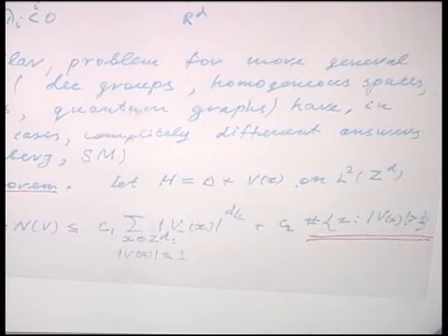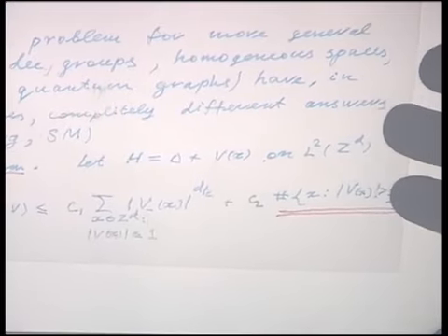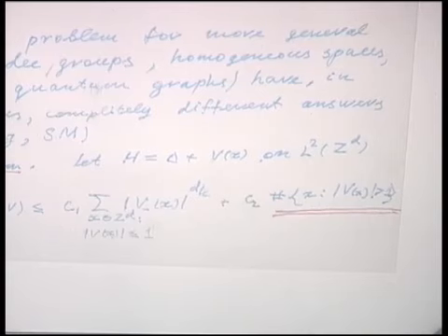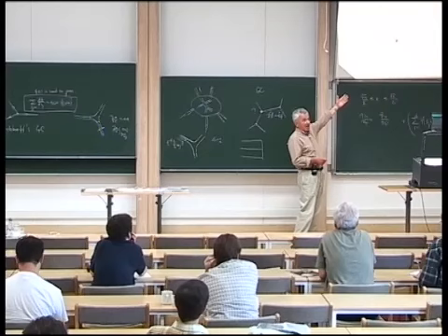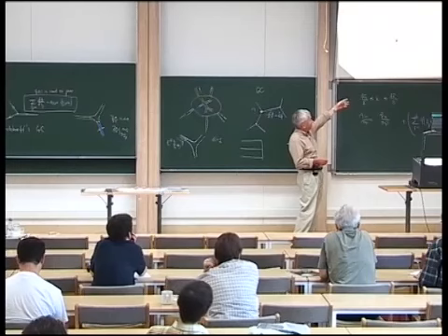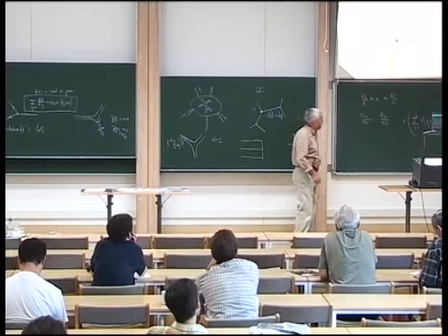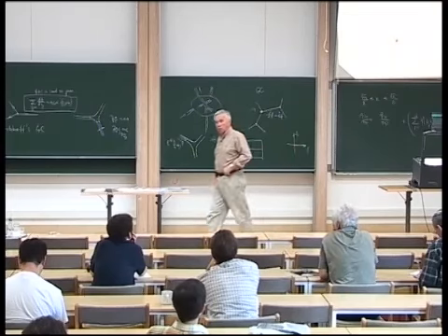For instance, the simplest theorem is the following. Assume that we consider the Schrödinger operator on the lattice, the classical Schrödinger operator on the lattice, and we have a potential. Assume that the potential is negative. The question is how to estimate correctly the number of eigenvalues.